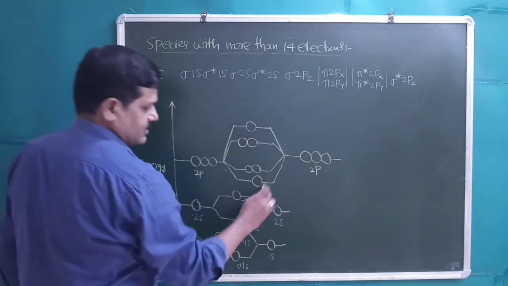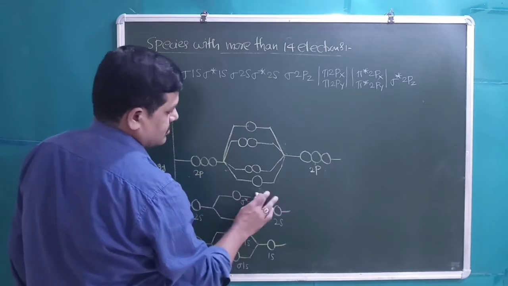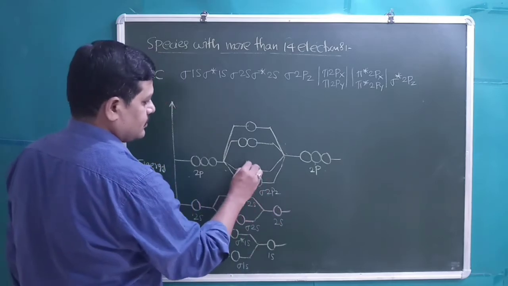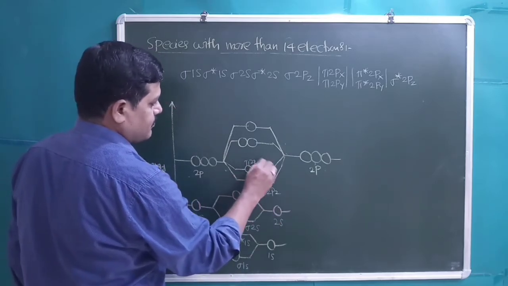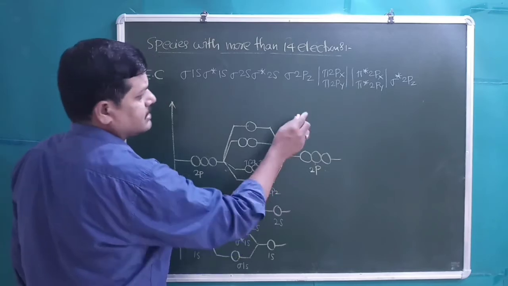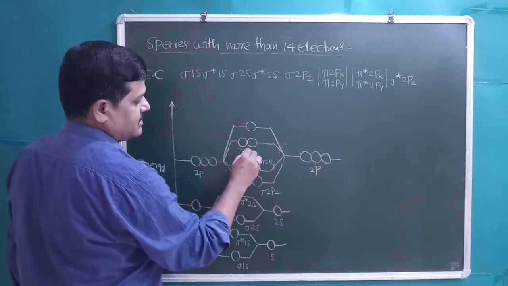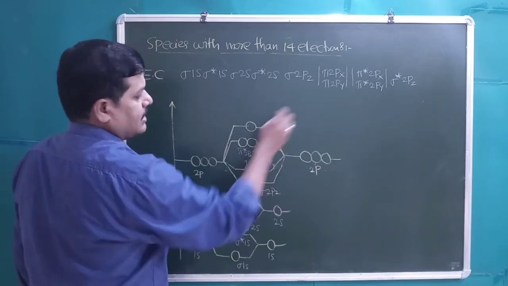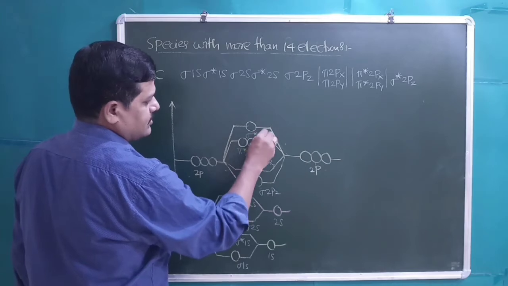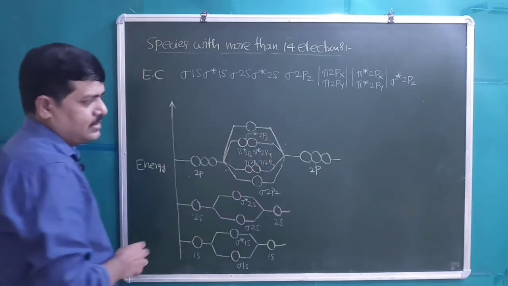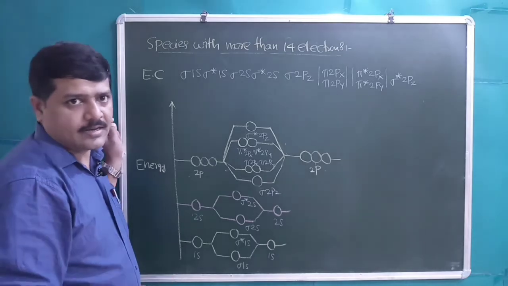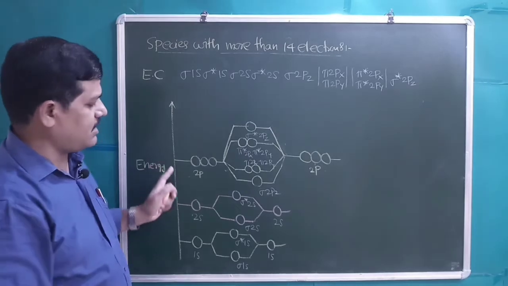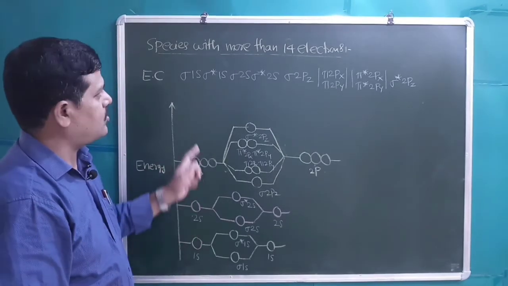This orbital is sigma 2pz, these two are pi 2px and pi 2py orbitals, these two are pi star 2px and pi star 2py orbitals, and the next orbital is sigma star 2pz. Right, students, this is the order of electronic configuration and the energy level diagram for the species with more than 14 electrons.